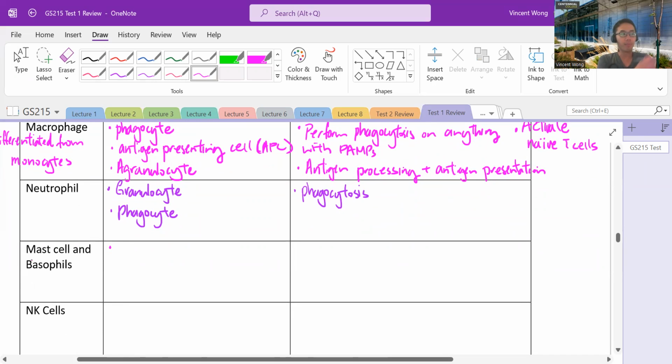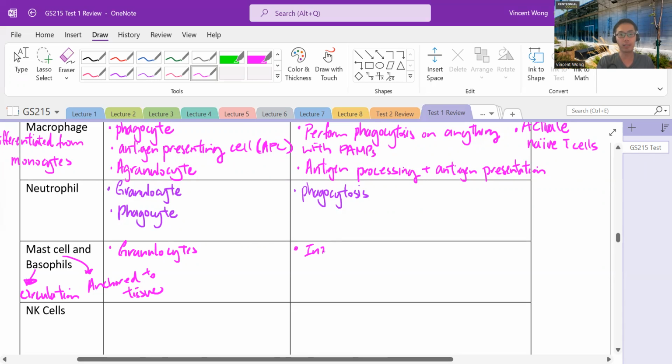Okay, mast cells and basophils, they are granulocytes. The difference is basophil is in circulation, and the mast cells are anchored to tissue. Their jobs are similar.